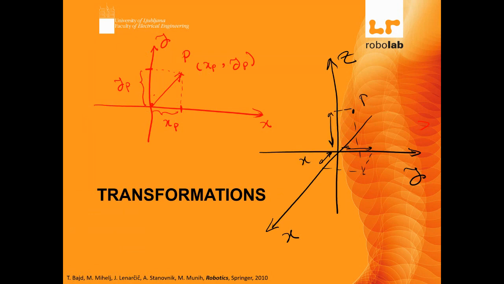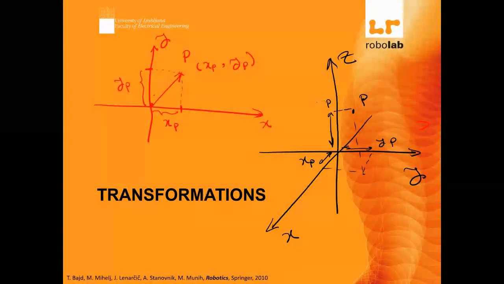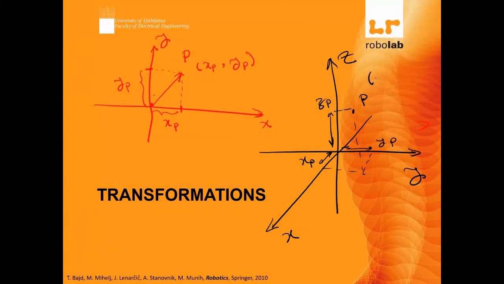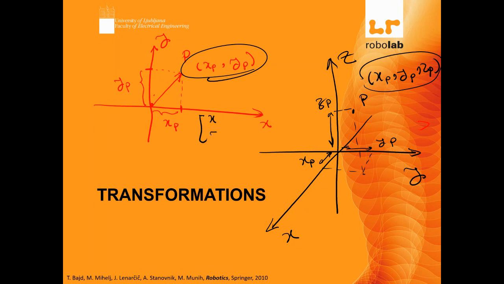So if this is point P, I will have xp, yp, and zp representing that number. We can model these as a matrix, as a vector. So as a vector, the two-dimensional one will be represented by a vector of 2 rows.